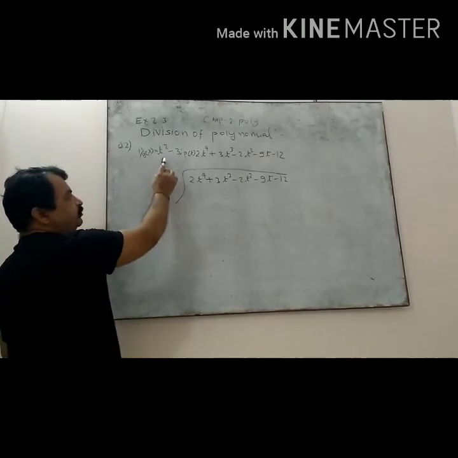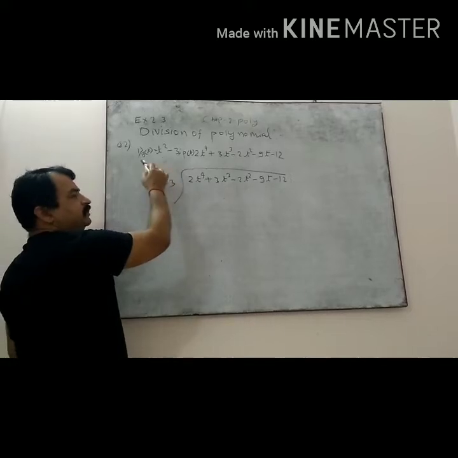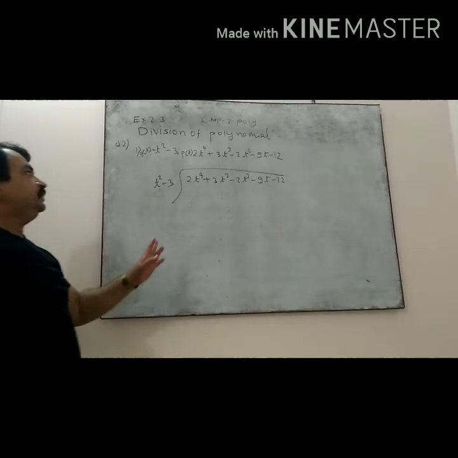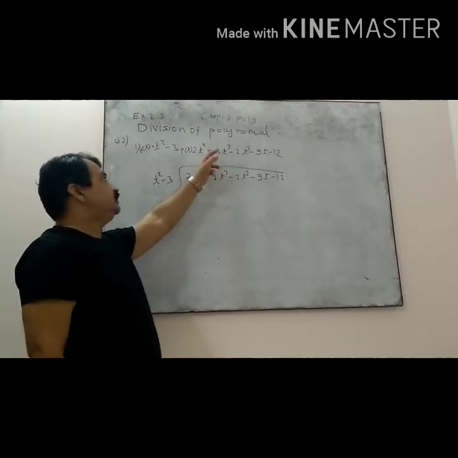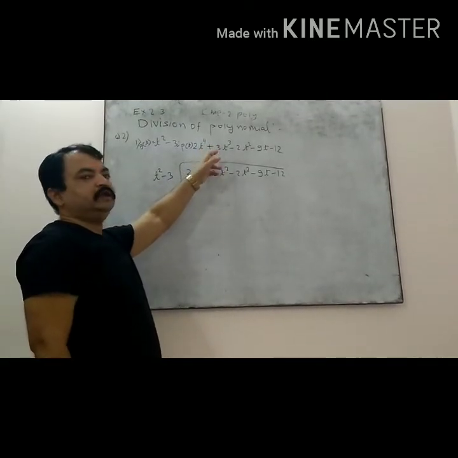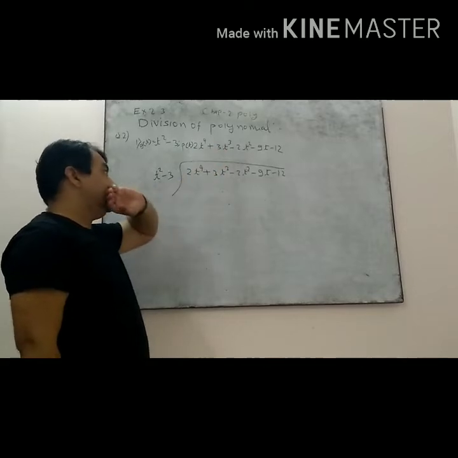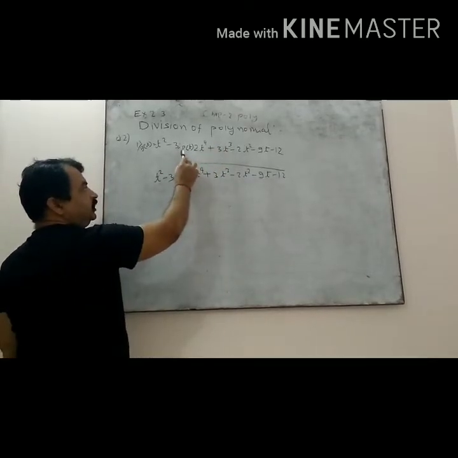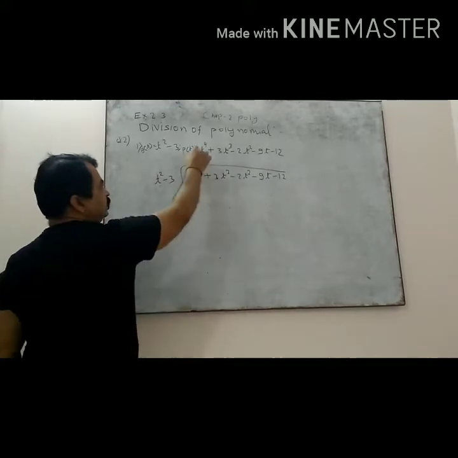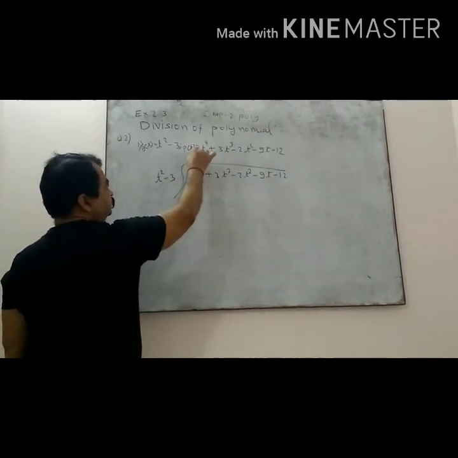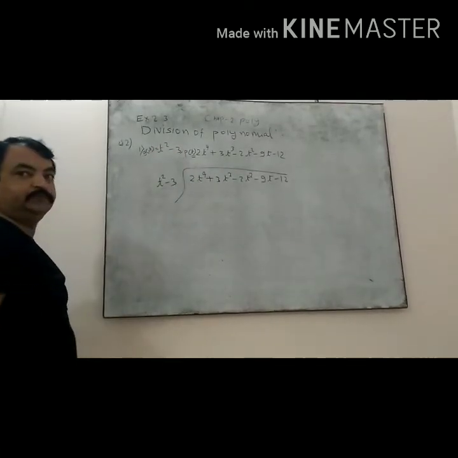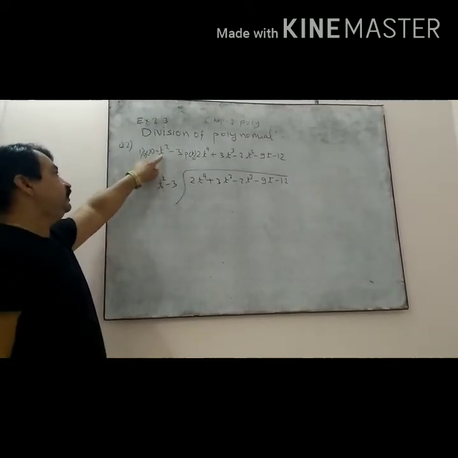Okay. Now see question number 2, first one. Same pattern, same questioning, only we have to decide whether the first polynomial is a factor of the second polynomial or not. See the second polynomial, what is its degree? 4, because the highest power is 4. What is the variable here? t. So take the polynomial in t, p(t) equal to this. And here t square minus 3. What is the degree of this?